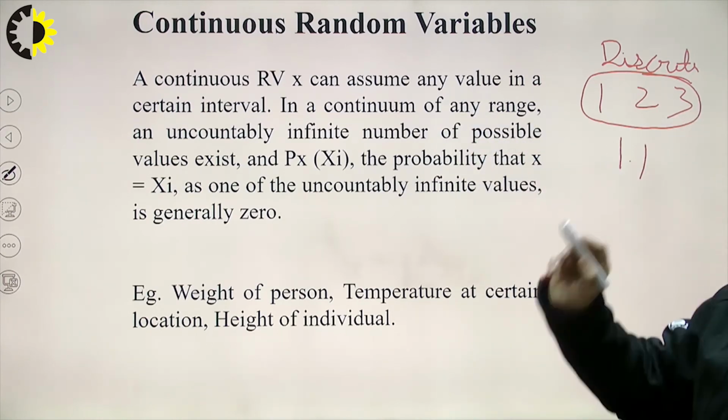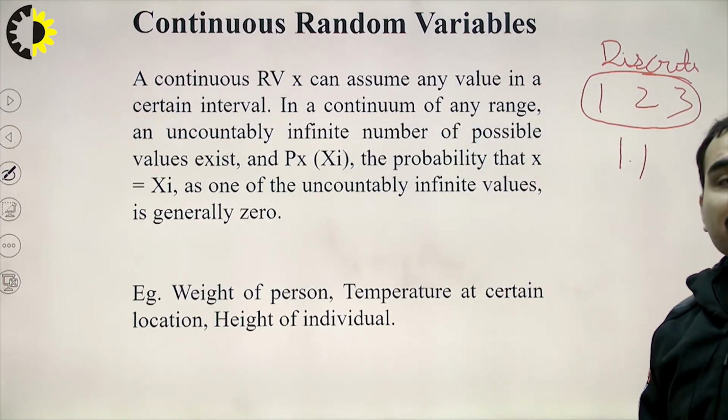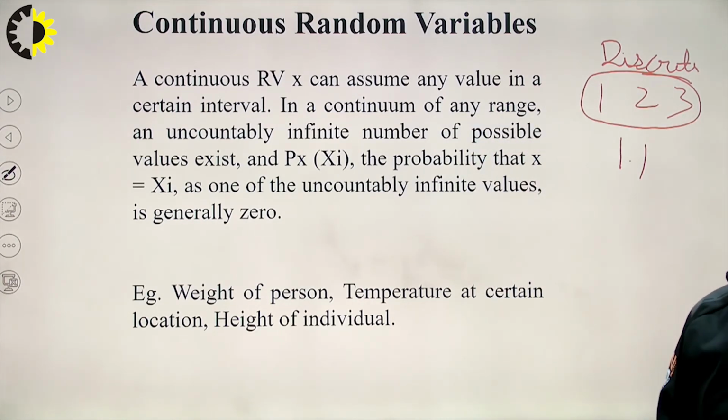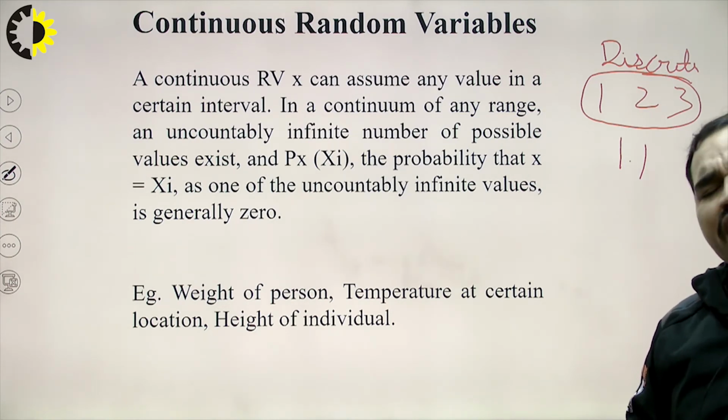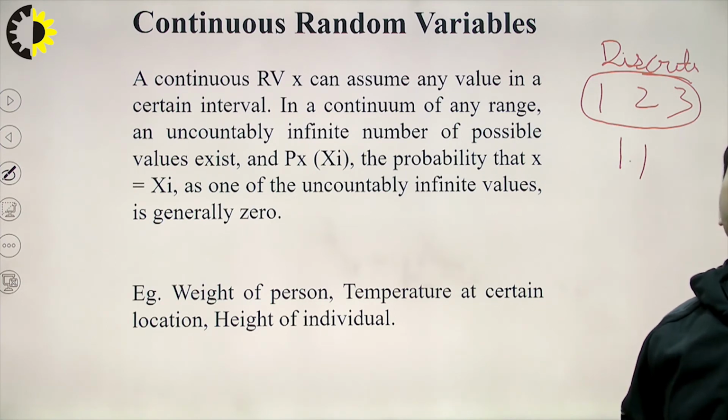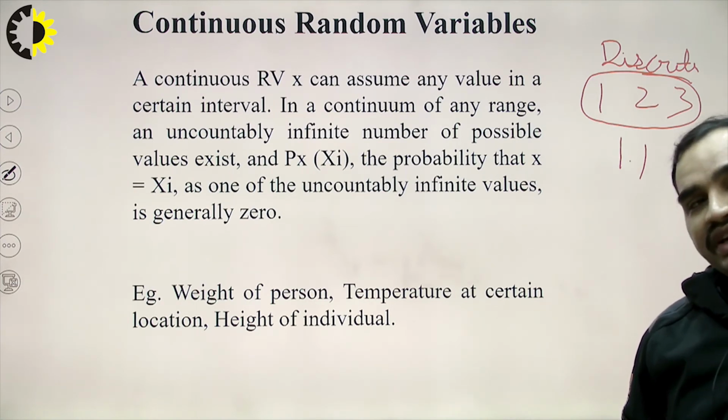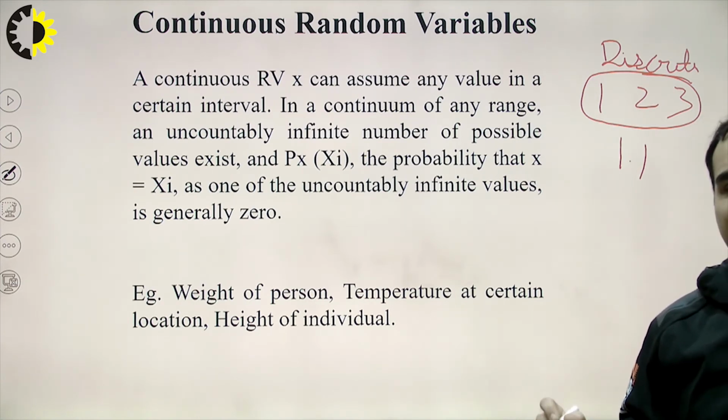Now for the continuous random variable, a continuous random variable x can assume any value in a certain interval. So we have all the possible values between the interval, and that will be the continuous random variable.